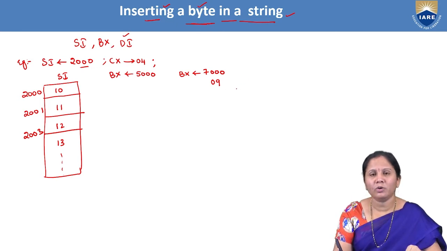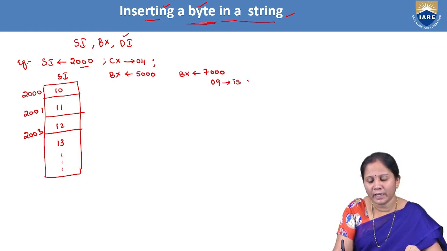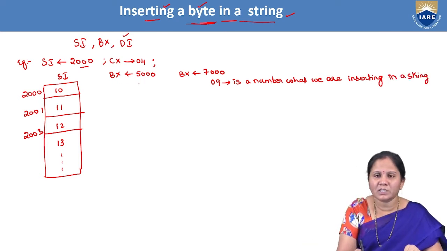So what does this 09 mean? Inserting a byte in a string. That means this 09 is the number which we are inserting in a string. And here this BX is 5000. So in the 5000 location we have to represent one number which is present in the string.